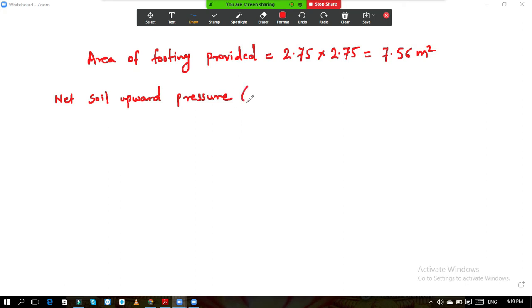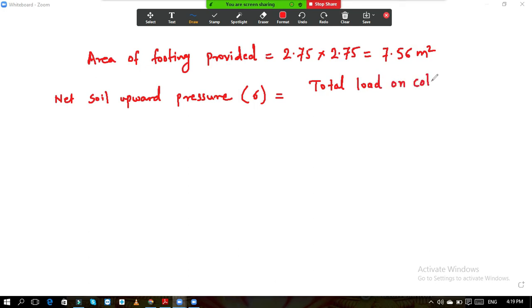The notation for this is sigma, and the formula to calculate this is very simple. Sigma is equal to total load on column. See, total load, whatever I am writing, it is very important.